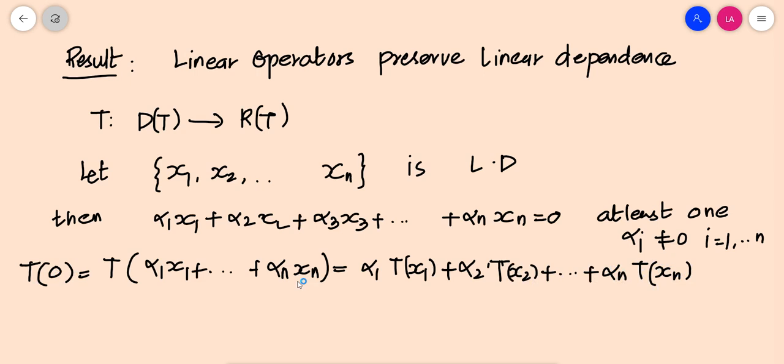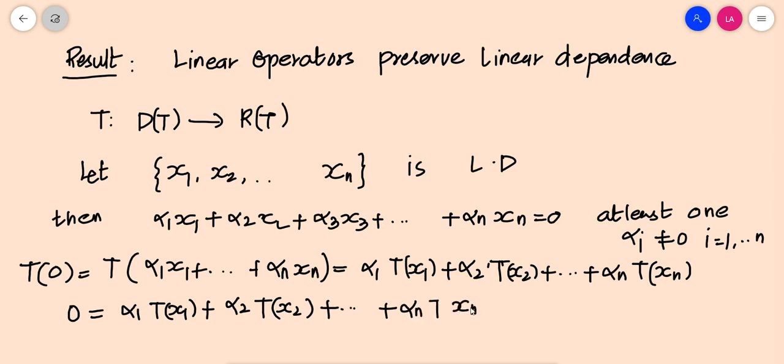We know that T of 0 is equal to 0. So what we get is 0 is equal to alpha 1 T x1 plus alpha 2 T x2 plus etc., alpha n T xn.